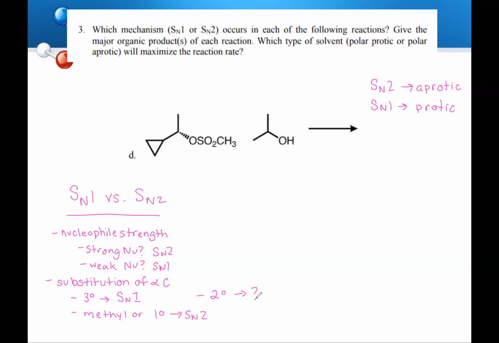So with this particular problem, the very first thing that we're going to want to do is identify the nucleophile and the electrophile. Does anybody have any ideas? Yeah?